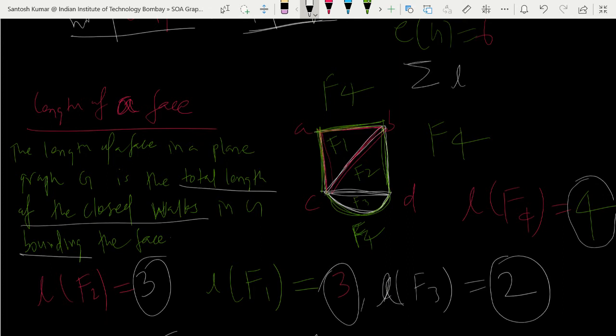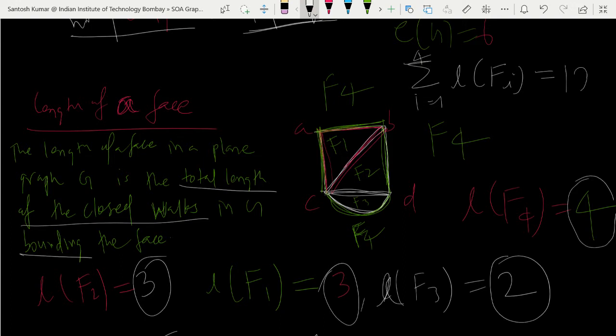If I write the summation of L of fi, i from 1 to 4, what do you see? 12, sir.